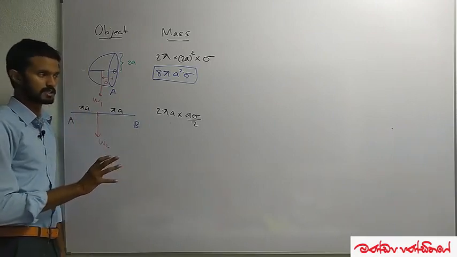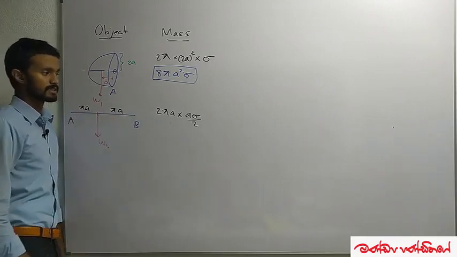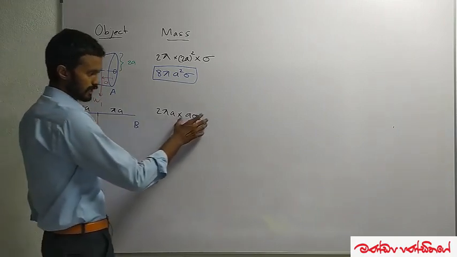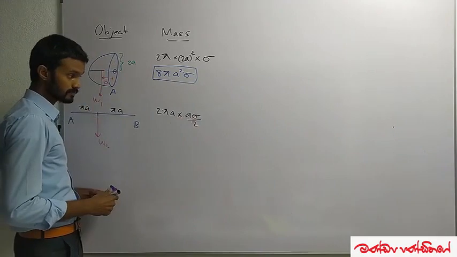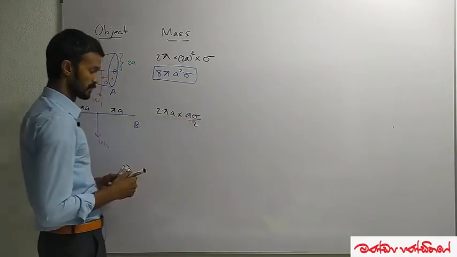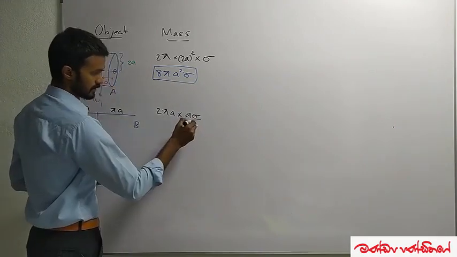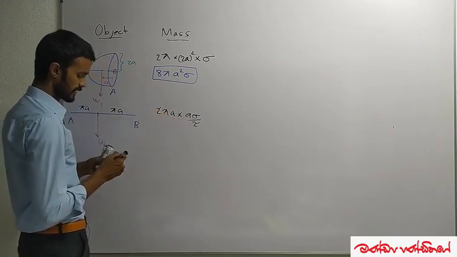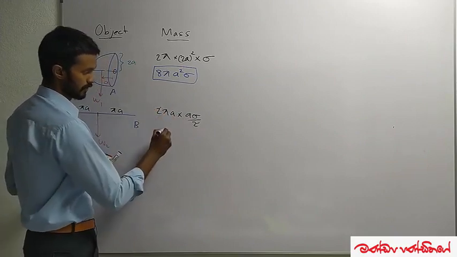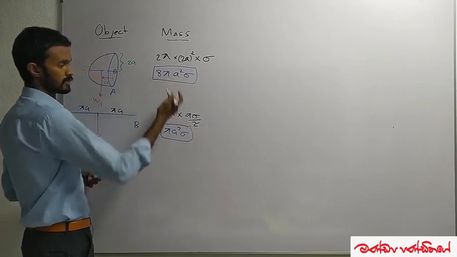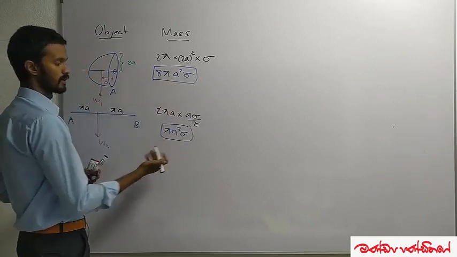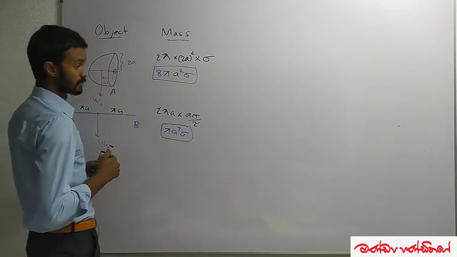Those are not standard symbols, but we are used to using such things. So in this one they have given the mass per unit length as a sigma over 2, because then it is clear 2 and 2 go, we get a similar answer. This is pi a squared sigma, this is pi a squared sigma. Those are similar answers, 8 pi a squared sigma and pi a squared sigma.